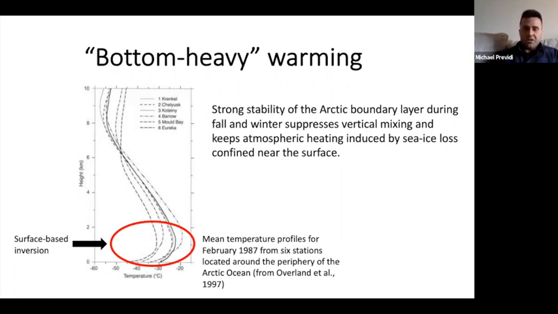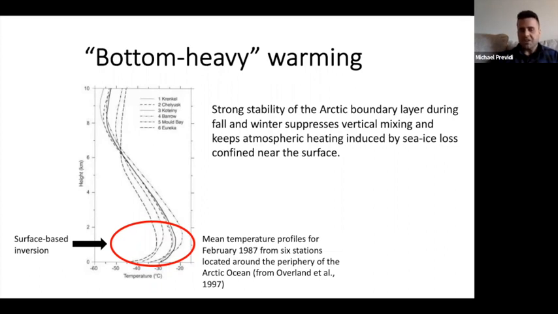So what I'm showing here in this plot is an example of vertical temperature profiles over the Arctic. So just how the air temperature varies with height. And this is shown for 6 different stations that are located around the periphery of the Arctic Ocean. These are just illustrative.